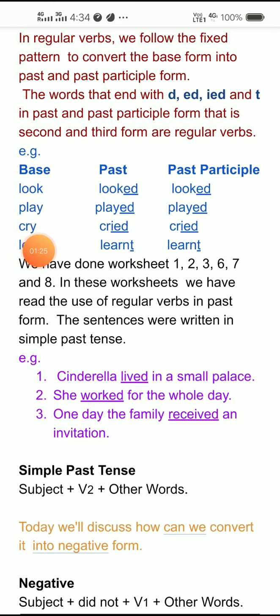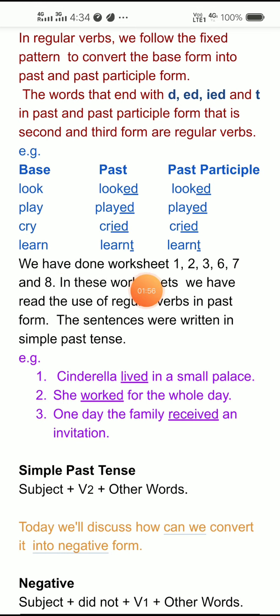Cry is the base form, Y is removed, and ied is used to convert it into past and past participle form. In the same way, learn, learned, learned. Only t is added to form its past and past participle form. You can see here a fixed pattern is used. So these are the regular verbs.